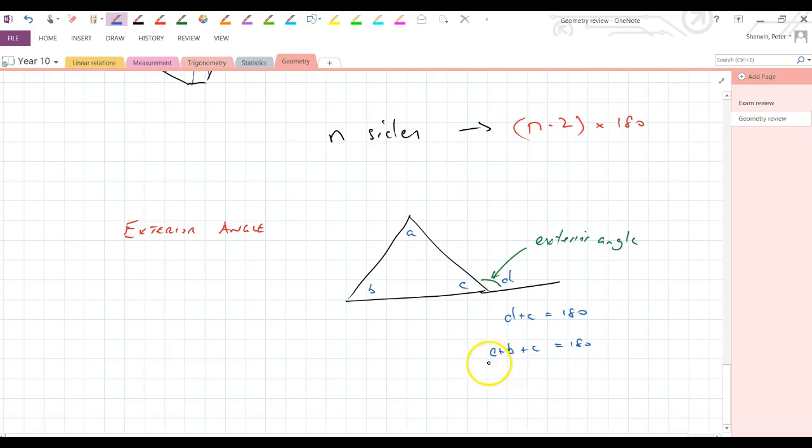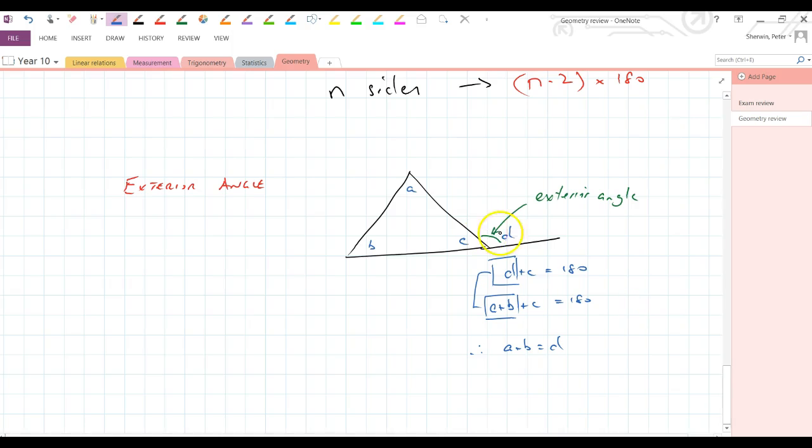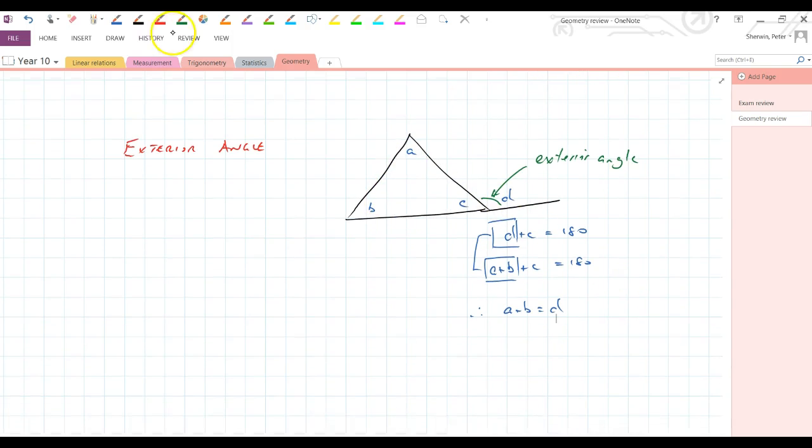So it looks to me like A plus B and D should be equal, and they are. A plus B is equal to D. So the exterior angle of a triangle is equal to the sum of the interior opposite angles.